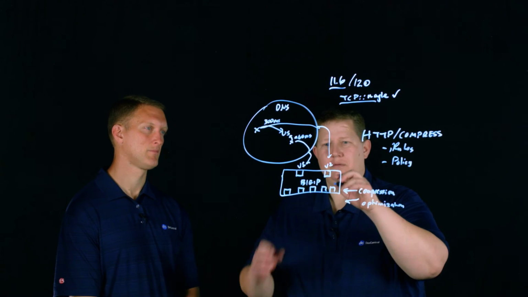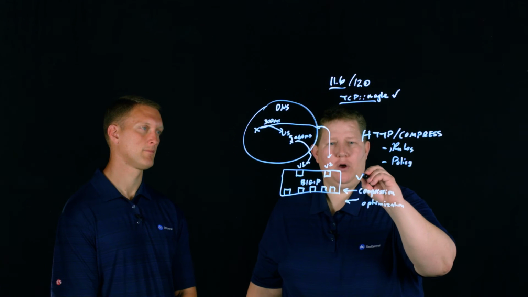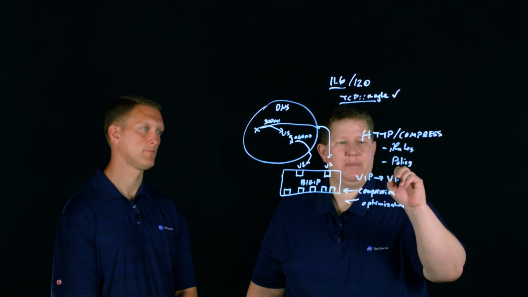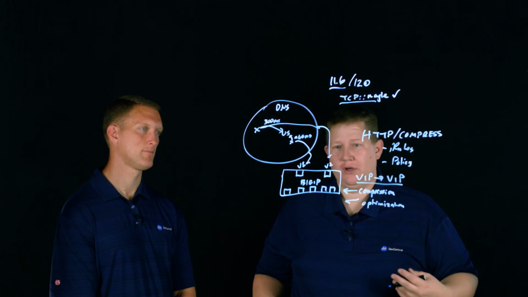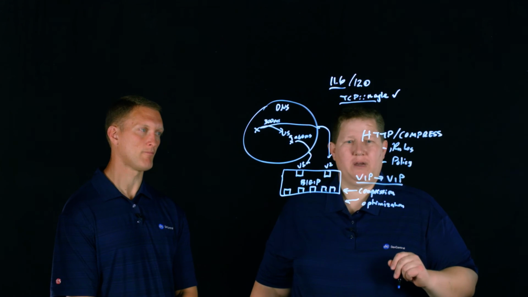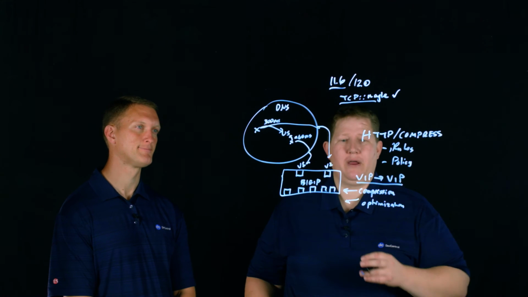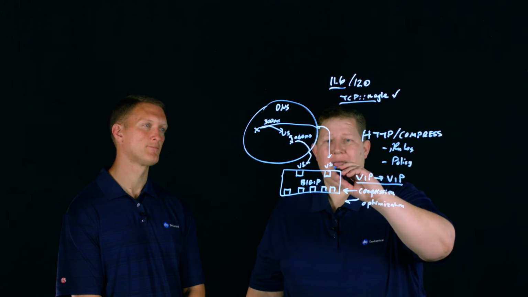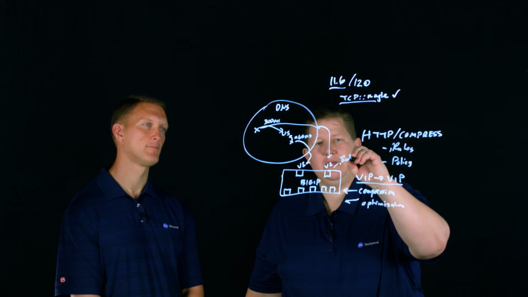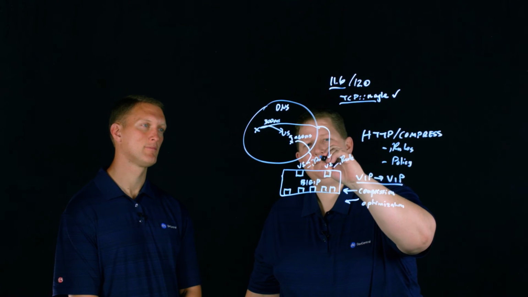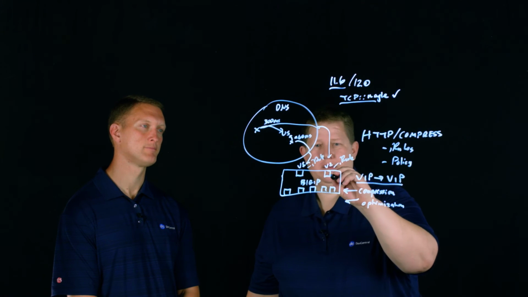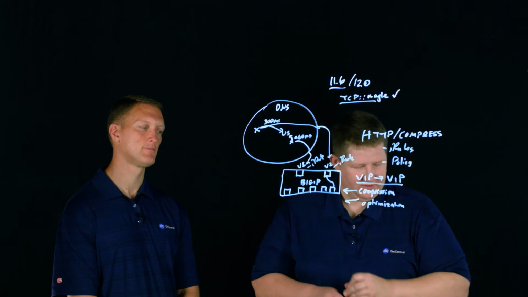And so this front to back is called VIP targeting VIP. And so if you need to go out and look up a solution, you can look VIP targeting VIP or VIP to VIP. And so what this allows you to do is, based upon the characteristics of your traffic, you could have an iRule that sits here or a policy. And then you can target any number of these back-end policies.